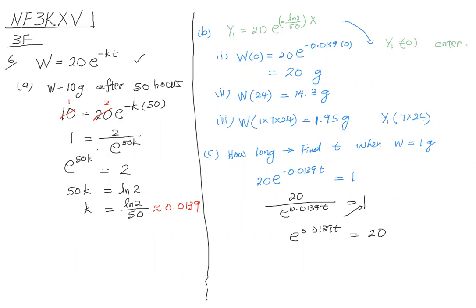So 0.0139 t equal to ln 20. Therefore, t equal to ln 20 divided by 0.0139, which is approximately 216 hours. Okay, so we are done with that. So far, so good. Anyone got any question?